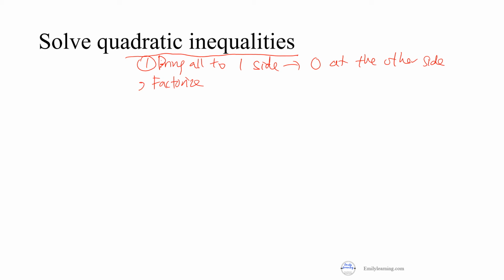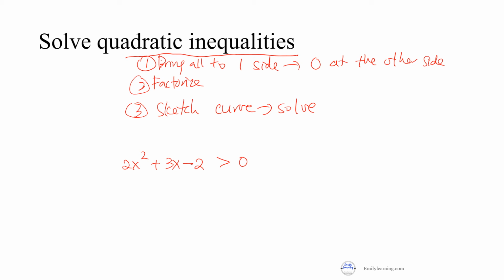Then next you need to factorize, and finally you sketch the curve and solve. For example, if I have 2x squared plus 3x minus 2 greater than 0, what I'll do first is bring everything to one side, so that the other side is 0.